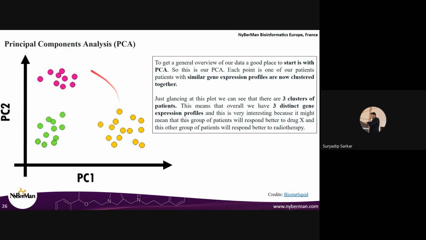So we are trying to figure out distinct gene expression profiles, and based on my study design, I can tell you that this is for some treatment A, this is for some treatment B, and this is for some treatment C. That way we can differentiate what works best for whom. That is the idea.